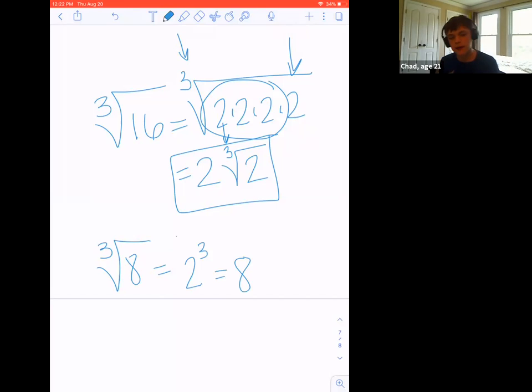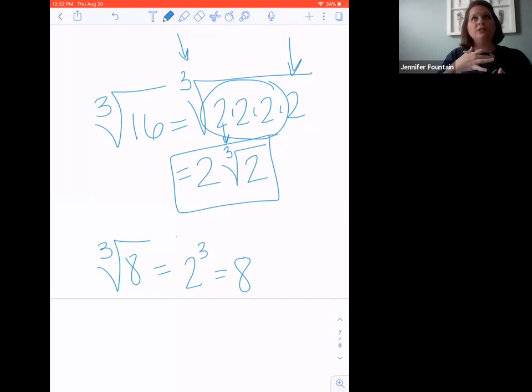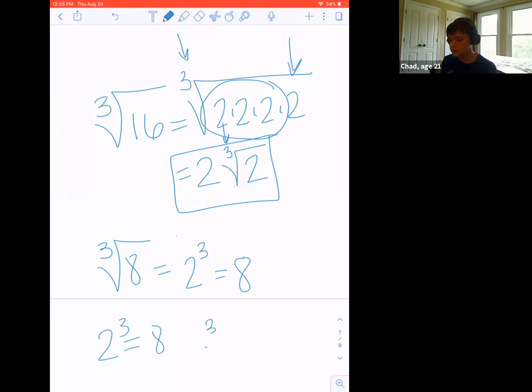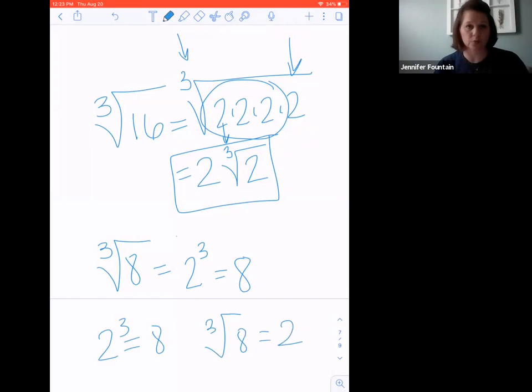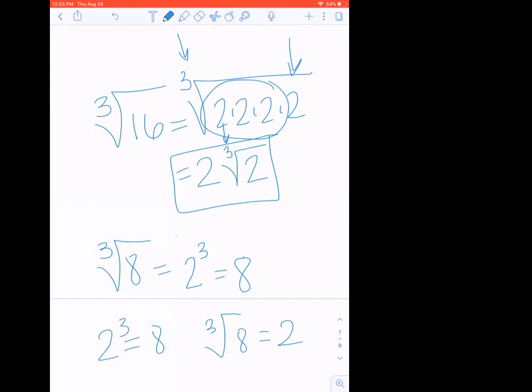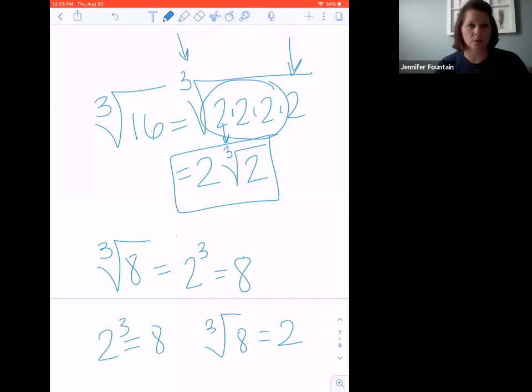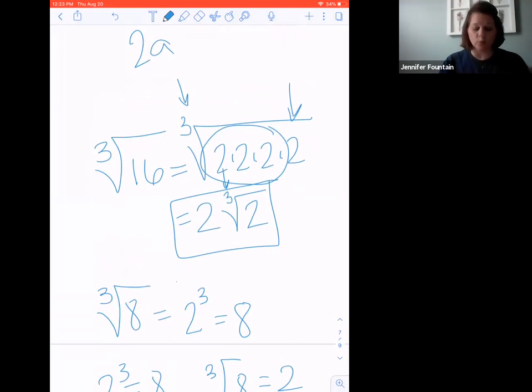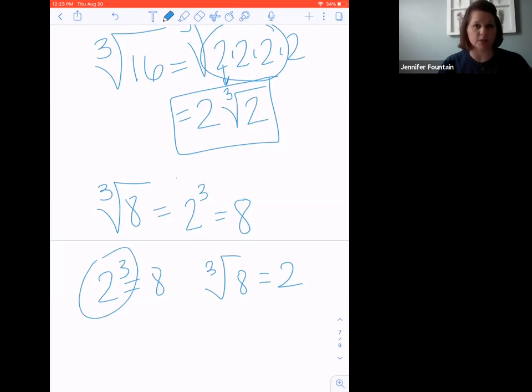It's kind of the reverse, just like when we do exponents. So doing roots is the opposite of exponents. So if 2 to the 3rd equals 8, then the cube root of 8 equals 2. Does that help? Yes. Okay, so basically it's like reverse exponents.